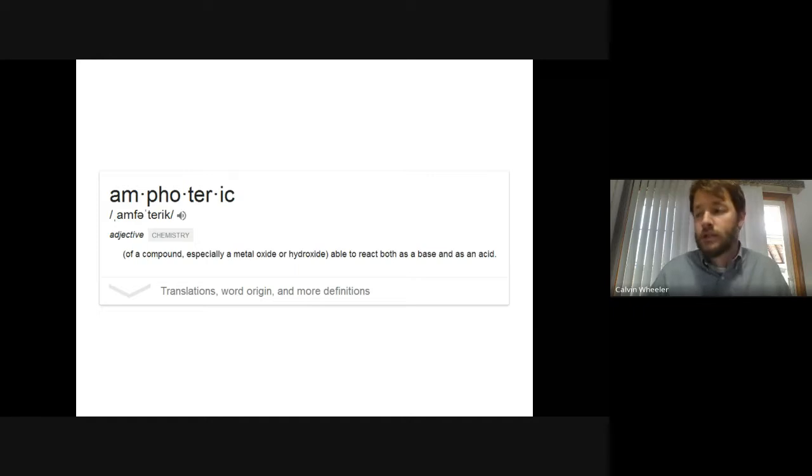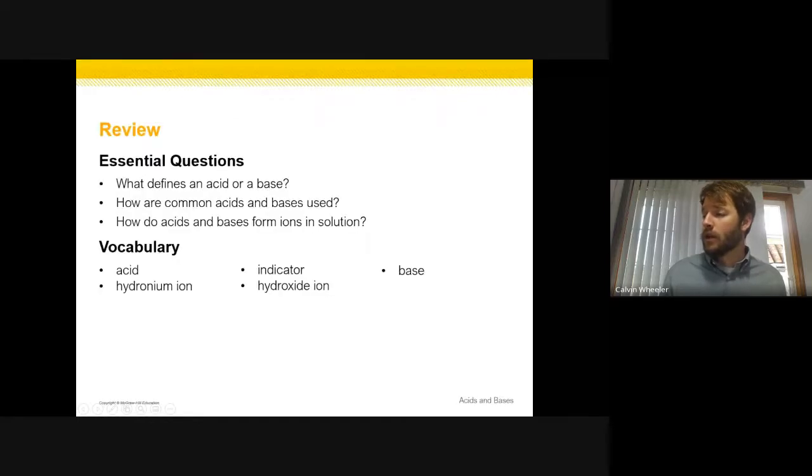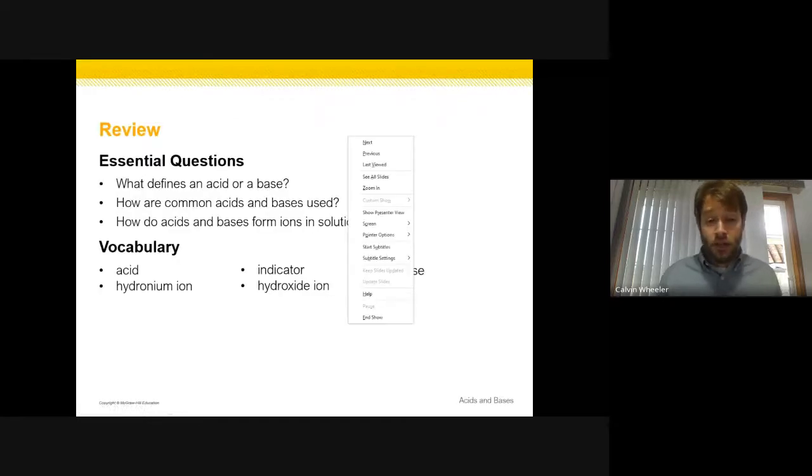They have dual qualities. Amphoteric we can use to describe water. So it can act as a base, or it can act as an acid. It just depends on what it's being combined with. So water is amphoteric. That's it. So that's all. There are 2 other definitions of acids and bases. They are most often used in organic chemistry, and they are beyond the scope of this course.